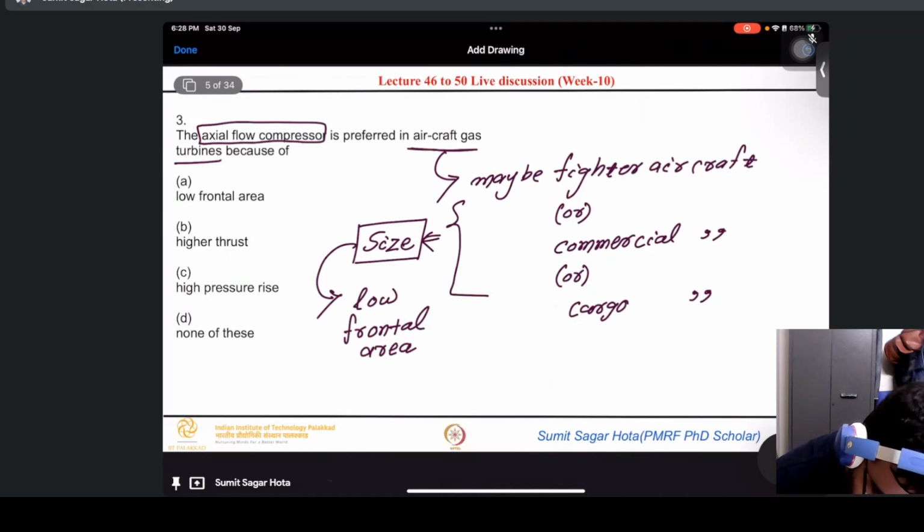That's the reason why most of these aircrafts have low frontal areas, because in the case of the axial flow compressor, low frontal area is there.